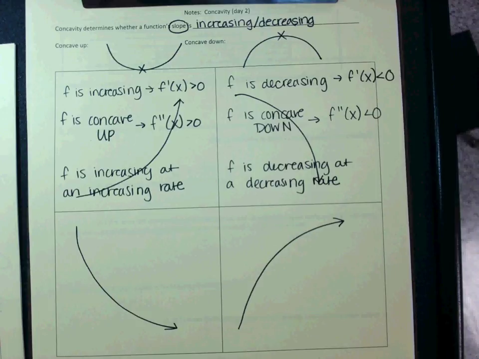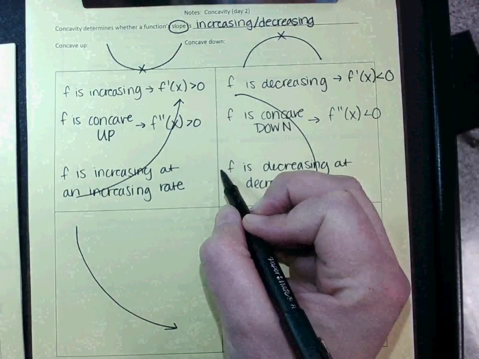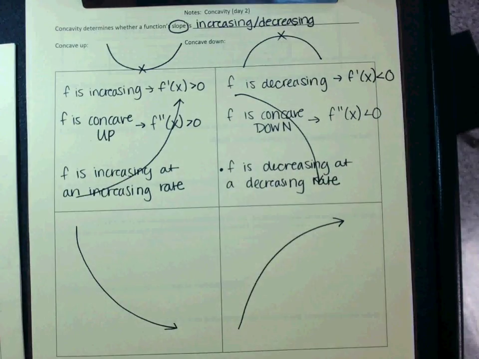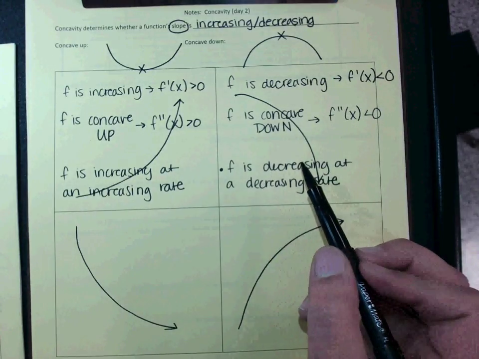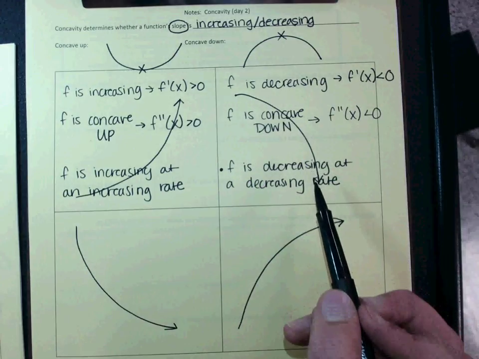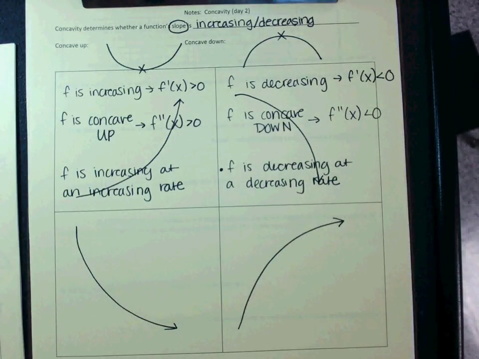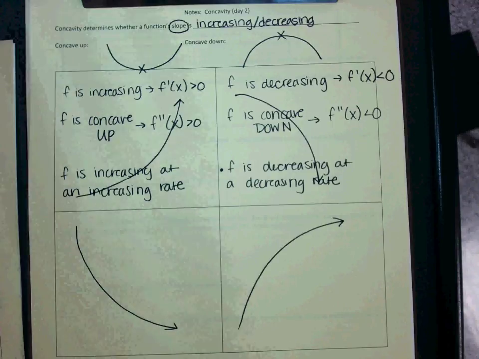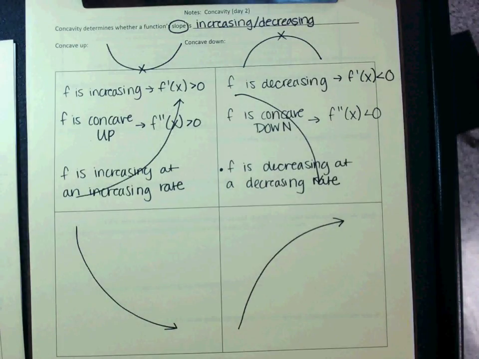Now, for some of you thinking about what you're writing, this doesn't make sense, because how is it decreasing at a decreasing rate when you can see that it's getting steeper? I'm going to do my best to explain why that's not the same thing. Remember, this is talking about the slope.